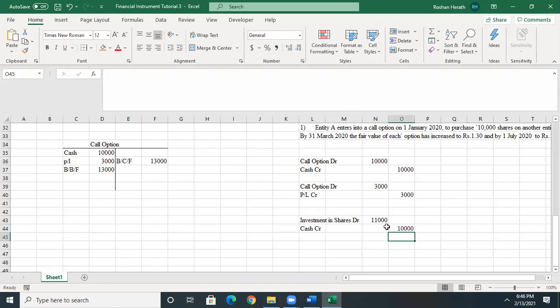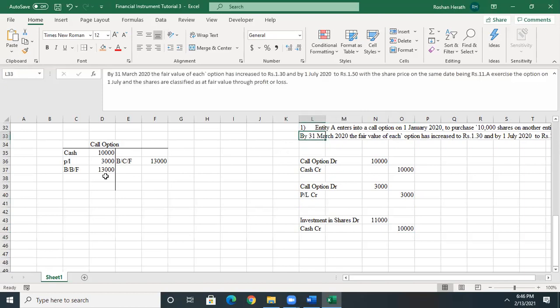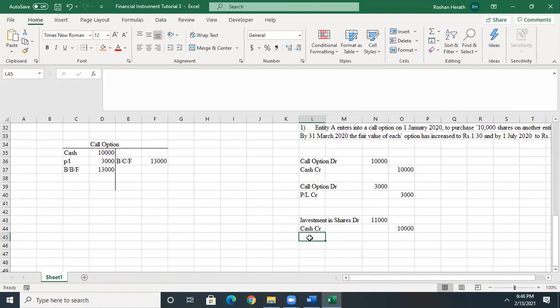So this is about the transaction. Not only that, I told you that you are going to derecognize the call option because the call option matures on that date. Hence, you can also derecognize it over here. That is about the call option.